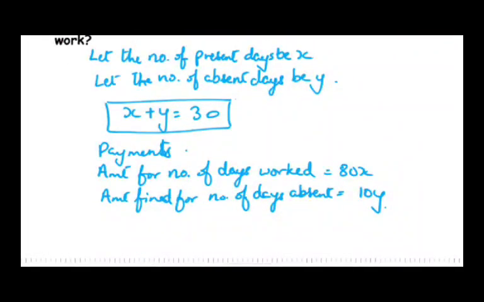Alright, so we have two variables. Let me write this equation in one variable only. That means I'm going to write the value of y in terms of x. So if I take the x on the RHS, it becomes 30 minus x.